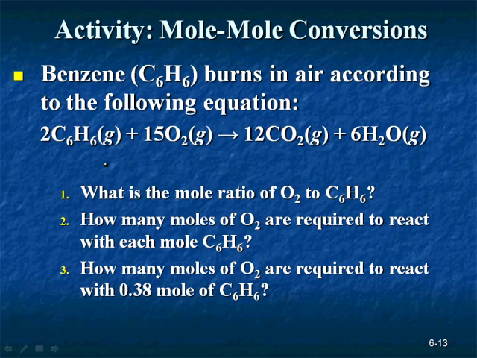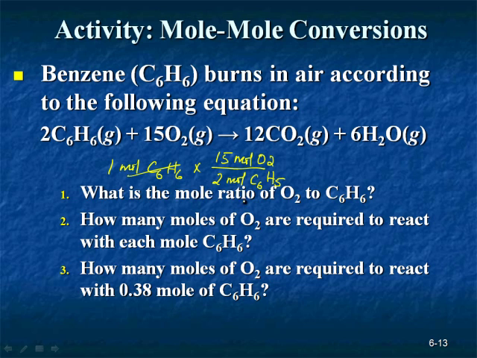So we have 1 mole of C6H6 and we will multiply that by the mole ratio. We are looking for moles of oxygen, so that part goes in the numerator. 15 moles of oxygen per 2 moles of C6H6. This would be the dimensional analysis setup.